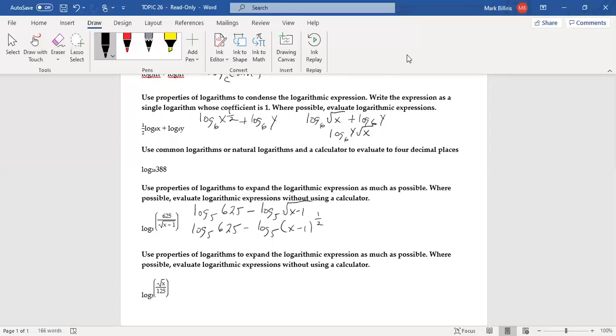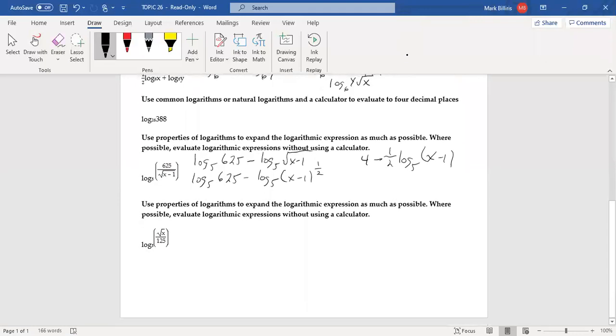The exponent of 5 that would give us 625. So this simplifies to simply 4 minus. Now again, going back to this, since we have an exponent of 1/2, that's going to go in front of the log. And this x minus 1 will remain inside parentheses.